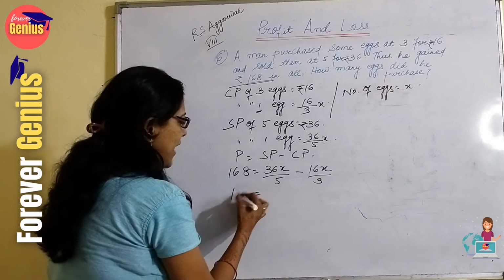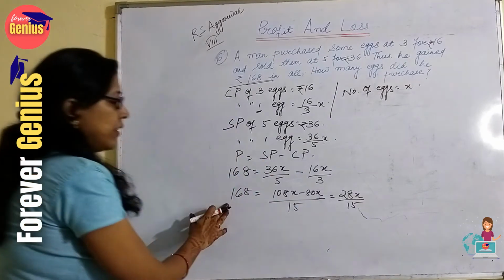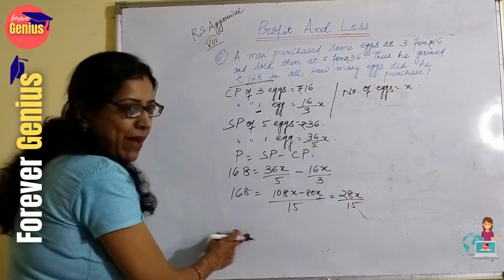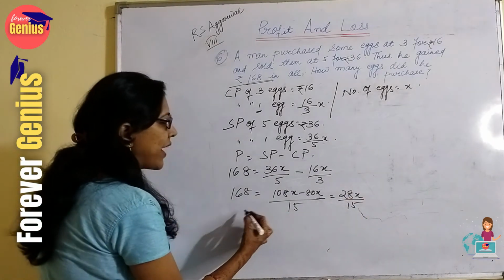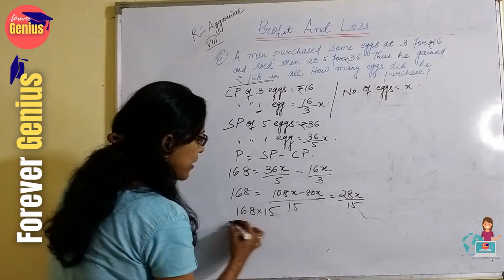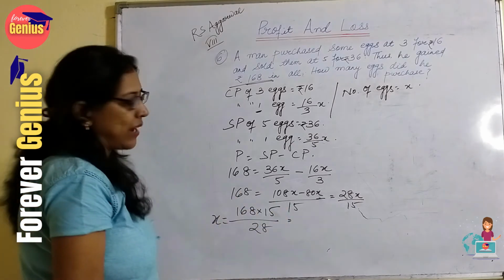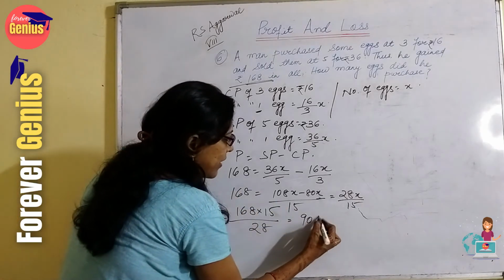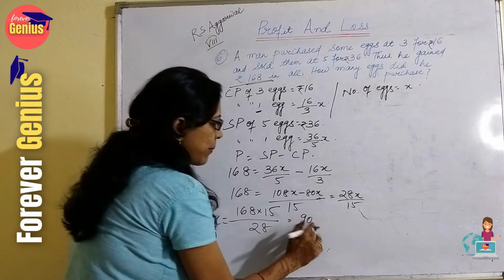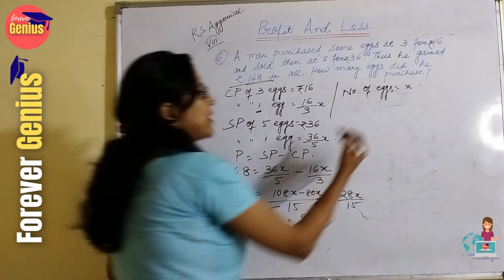Now by taking the LCM and solving, it becomes 28x by 15, or I can write 168 into 15 by 28 is equal to x, which on calculating we got 90, not rupees, it is number of pieces. So the total number of eggs purchased is 90.